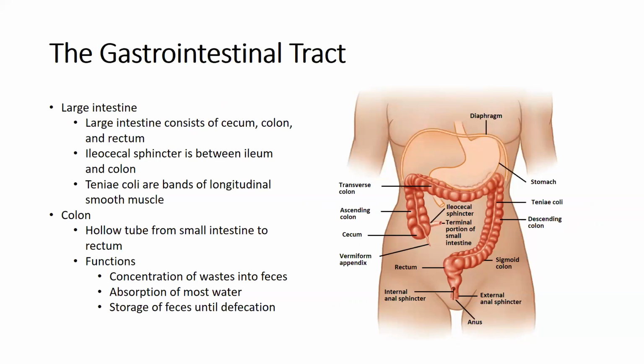It has to be regulated at different points. We talked about the upper esophageal sphincter, the lower esophageal sphincter, the pyloric sphincter, and here the ileocecal sphincter is regulating the movement of substance from the ileum, which is the end of the small intestine, into the cecum, which is the first part of the colon.